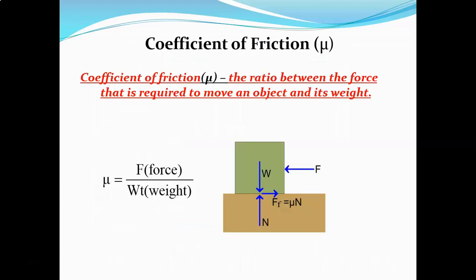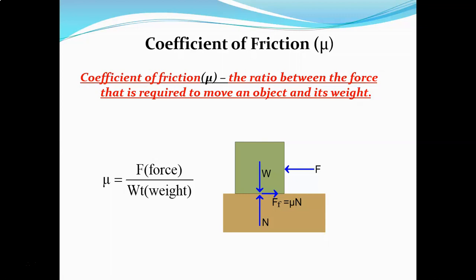We've got charts to look at in the next couple of slides to calculate, because everything's got a coefficient of friction, which leads us to this slide. It's a ratio between the force that is required to move an object and its weight. So your biggest variable there is the weight of your object. Then you've got the surface finish, and some surface finishes are going to be less conducive to friction.